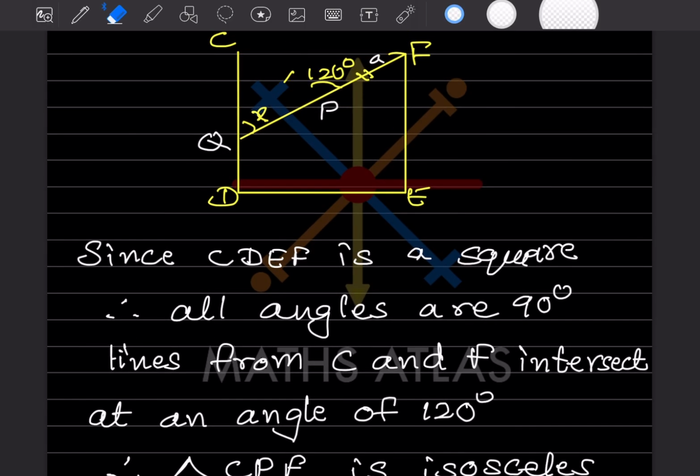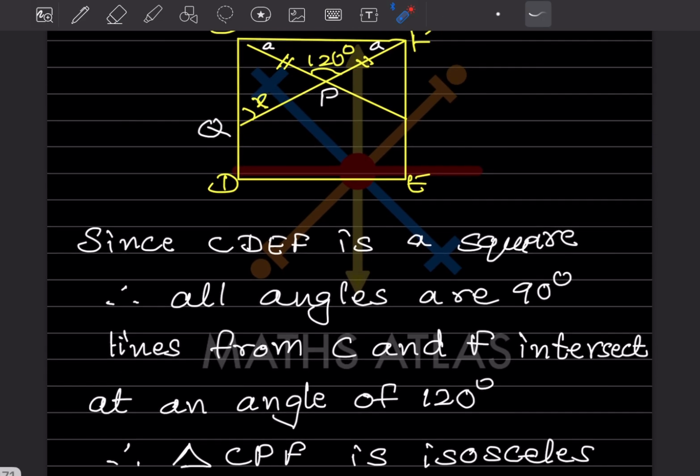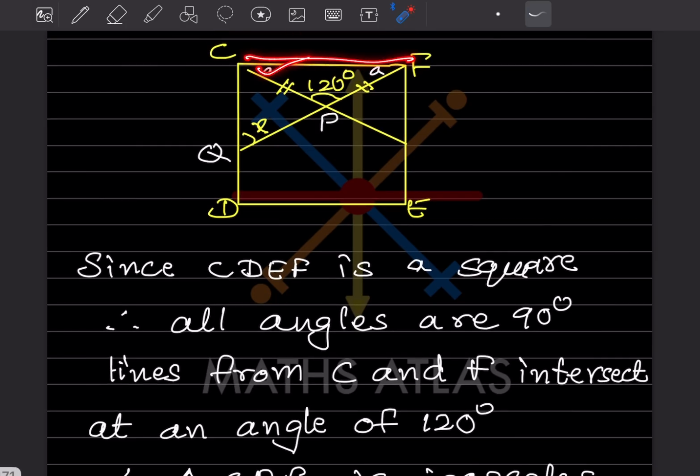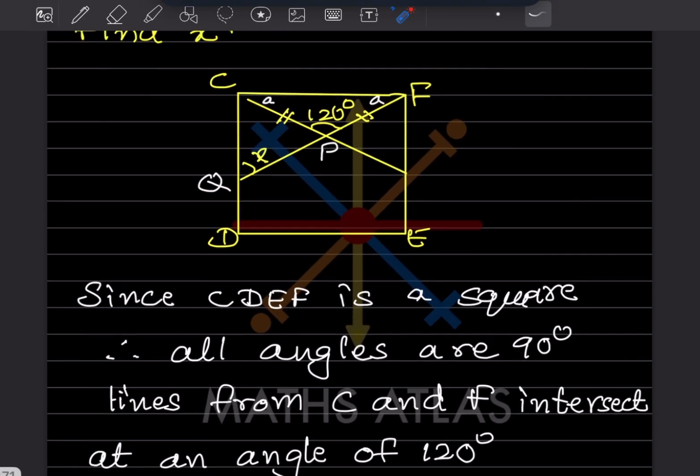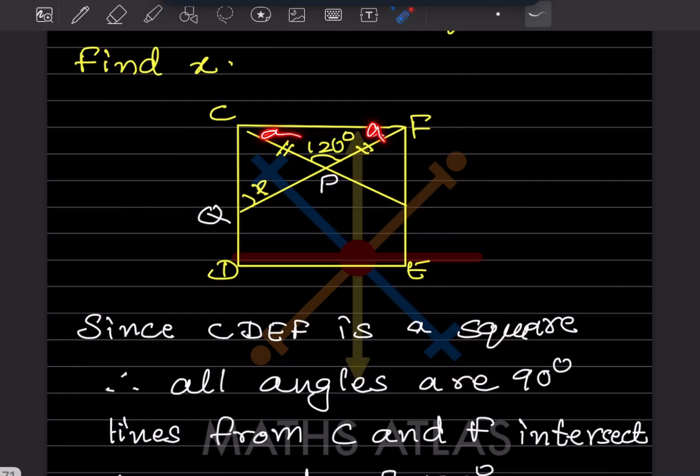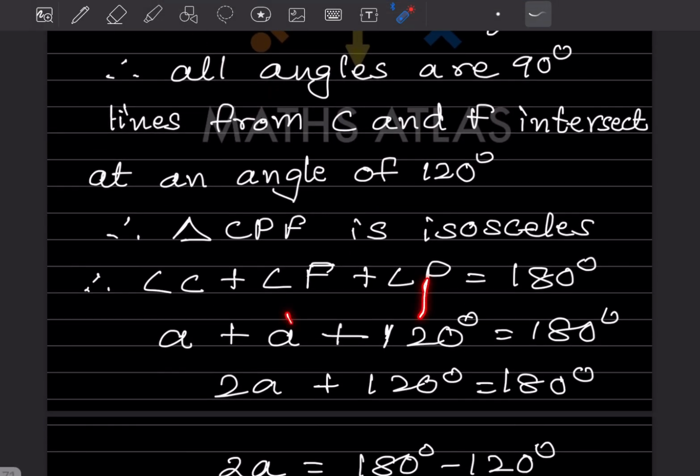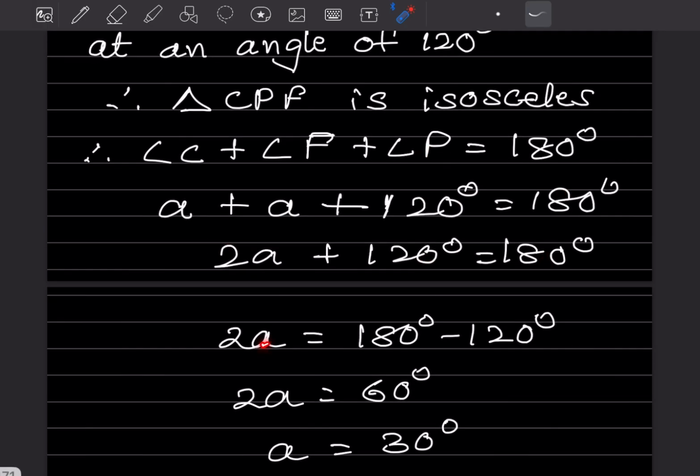Angle C plus angle F plus angle P is 180. In an isosceles triangle, these two base angles should be the same, so we can consider them A and A. So 2A plus 120 is 180, so 2A is 180 minus 120, which is 60 degrees. So A is going to be 30 degrees.